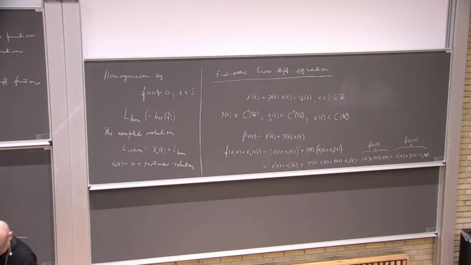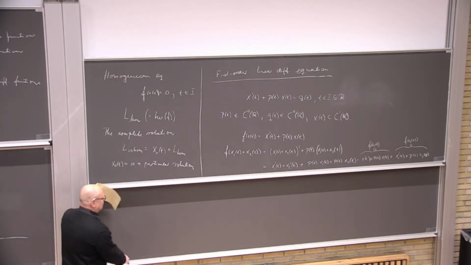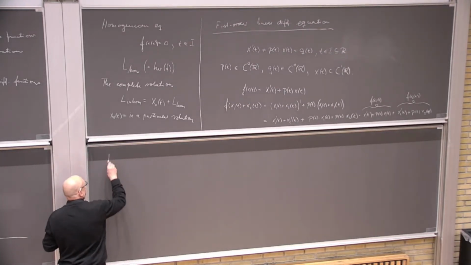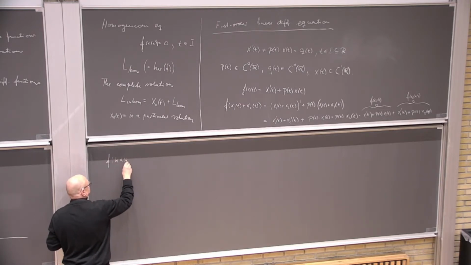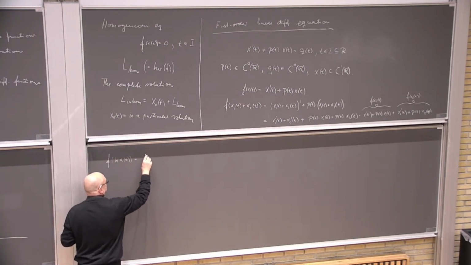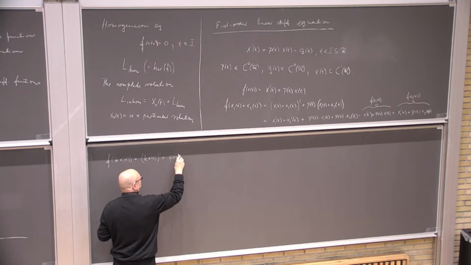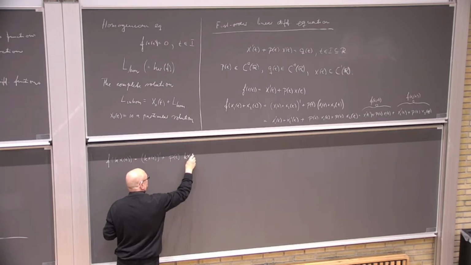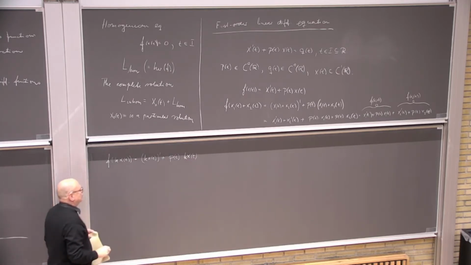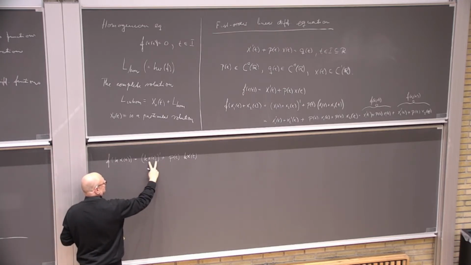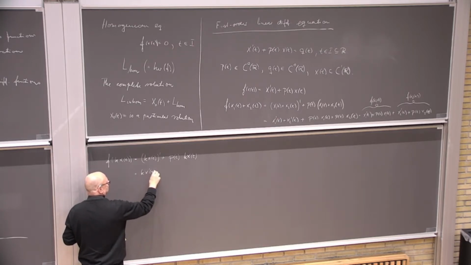And similarly, you can show that it satisfies the second linear condition. You have f of k times x of t, which is the derivative of k times x of t plus p of t times k times x of t, like this. And here, when you differentiate a constant times a function, it will be equal to the constant times the derivative of the function.